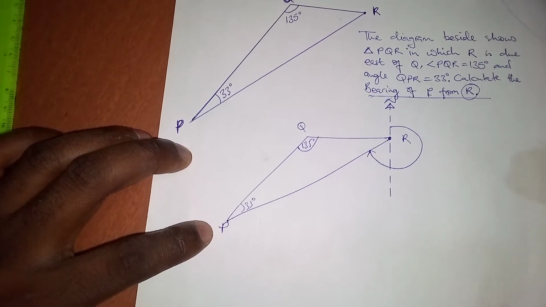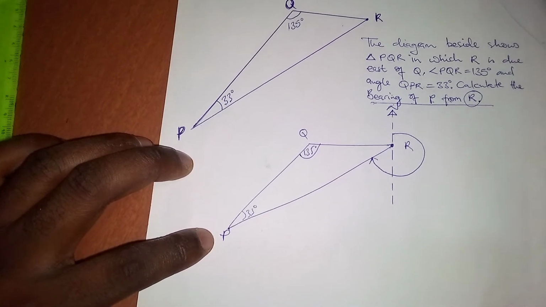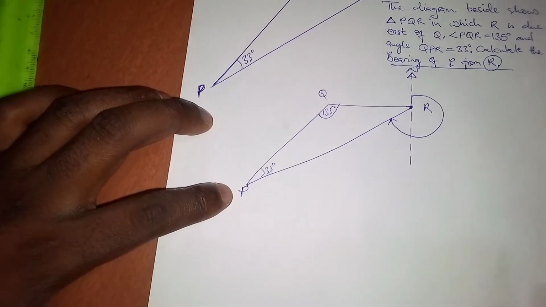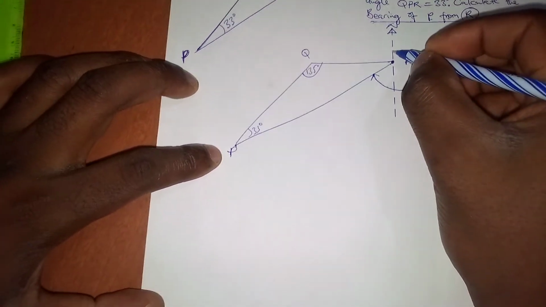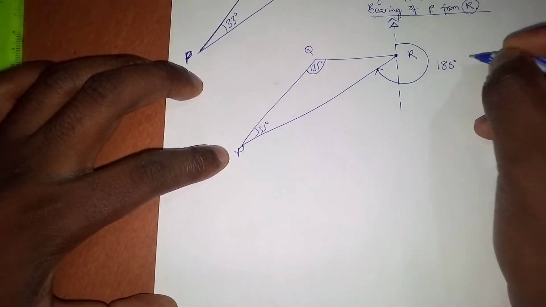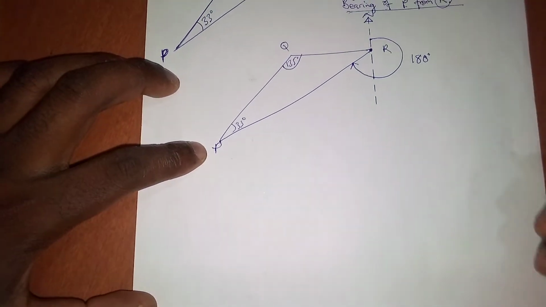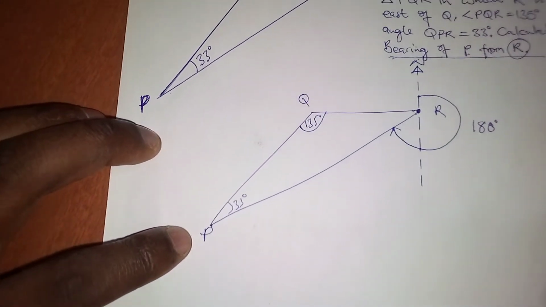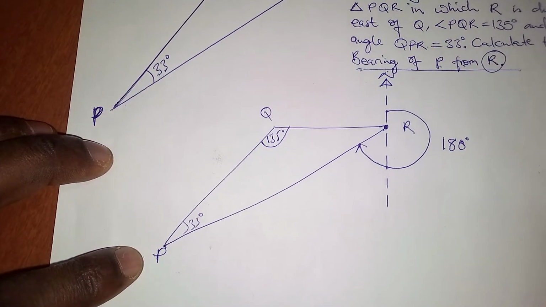Now if we look at the properties of angles, from this point to this point the angle is 180 degrees, which comes from the property of a straight line, angle on a straight line.